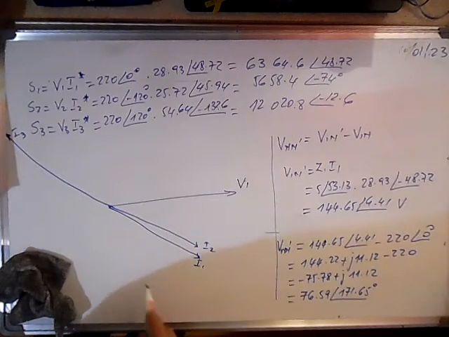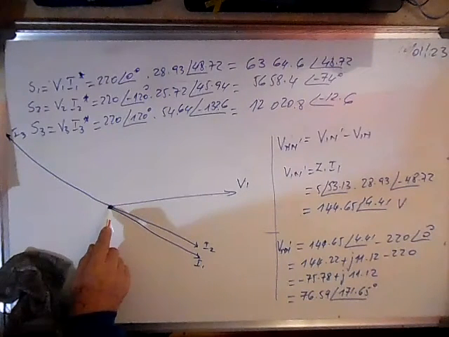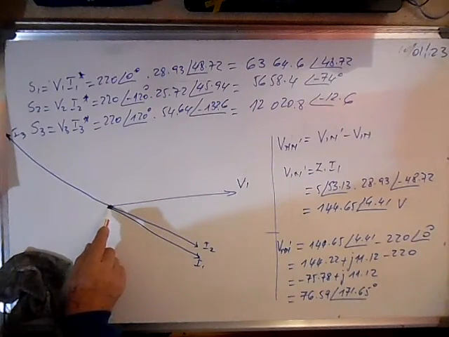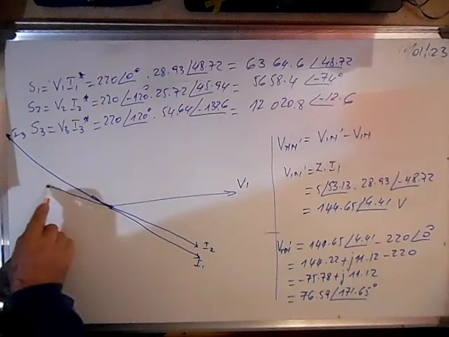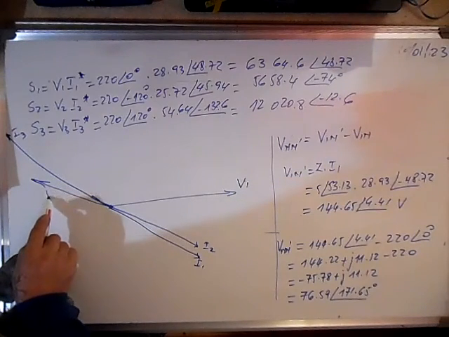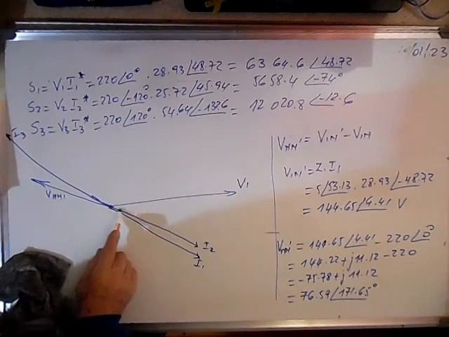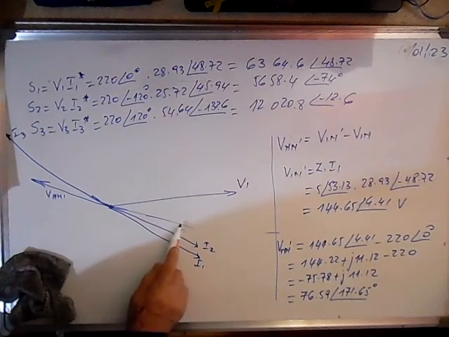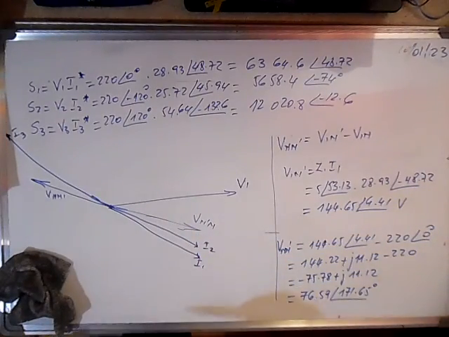Vn n prime is 76 at 176, so it means about a third. This is Vn n prime, and Vn prime n will be about here. And that's it. Thank you very much.